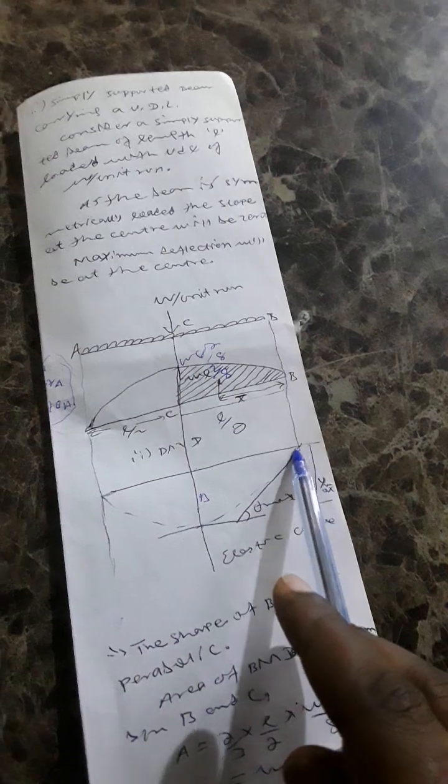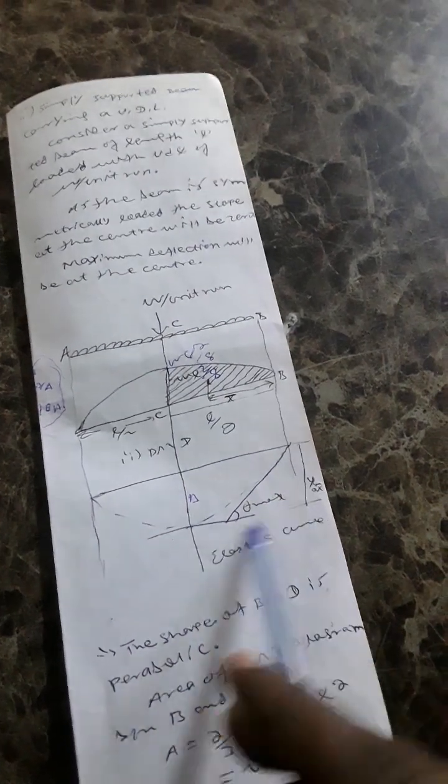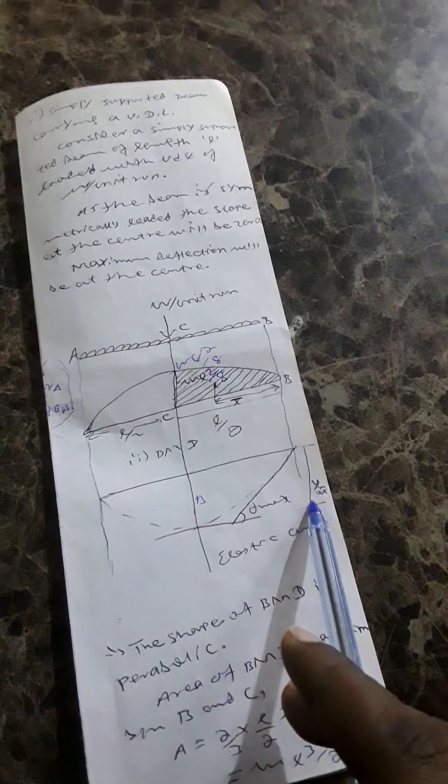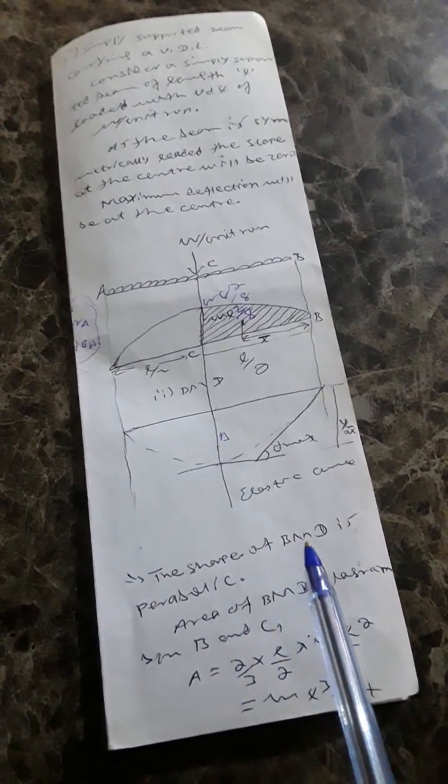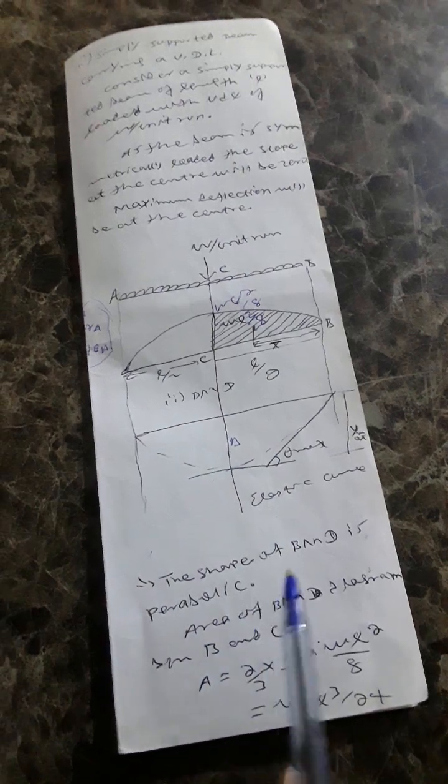This is D, and we take the tangential difference between P and D, just like we calculate for the simply supported beam. The shape of the bending moment diagram is parabolic.